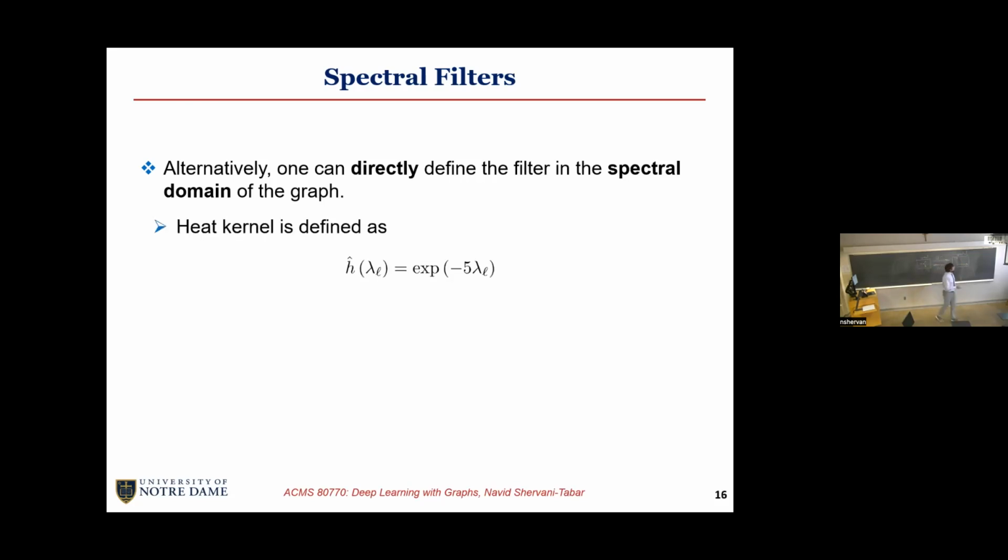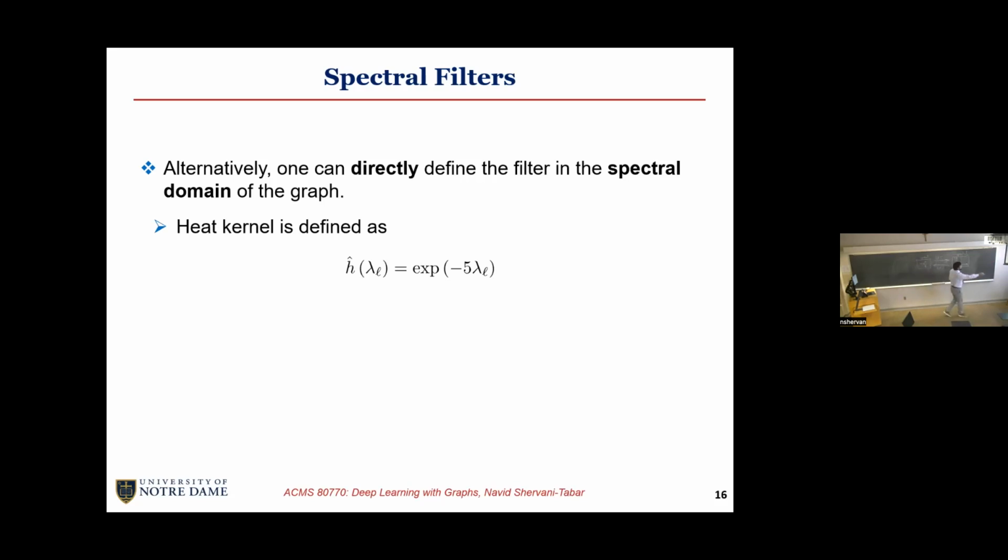So for instance, we have heat kernels. The heat kernel H hat is defined as a function of the eigenvalues of the Laplacian matrix, right? Which correspond to some notion of frequency.